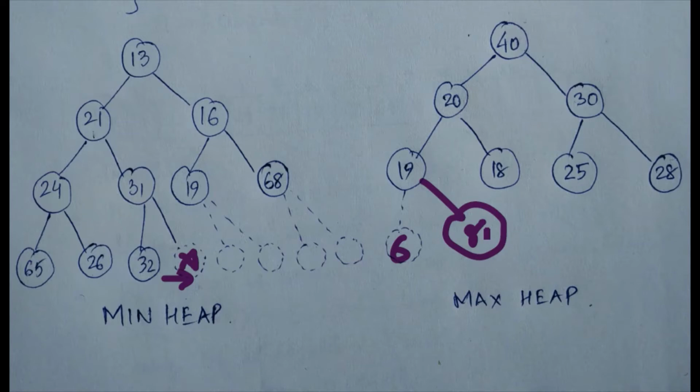So I'll check 19, and if 80 is greater than 19, which cannot happen in a max heap, I'll say okay 19, you come down, and let me try and put 80 here. I don't put it there, but I tried to put it there.